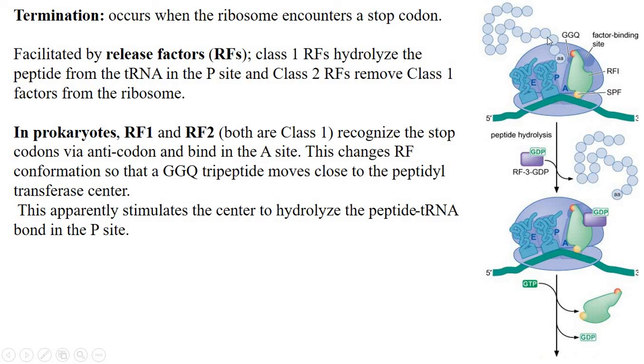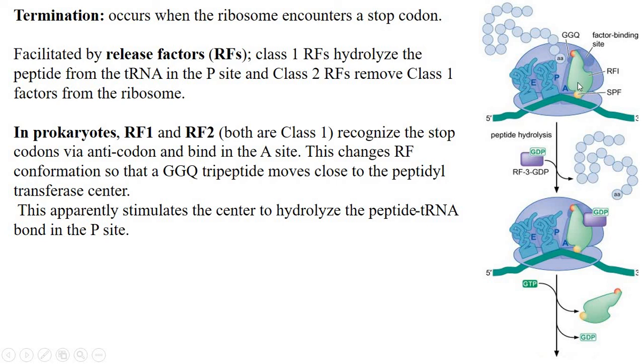So here, it encounters a stop codon on the mRNA. Because there is no amino acid and no codon-anticodon related to that stop codon, this release factor 1 comes and binds in the A site of the ribosome.